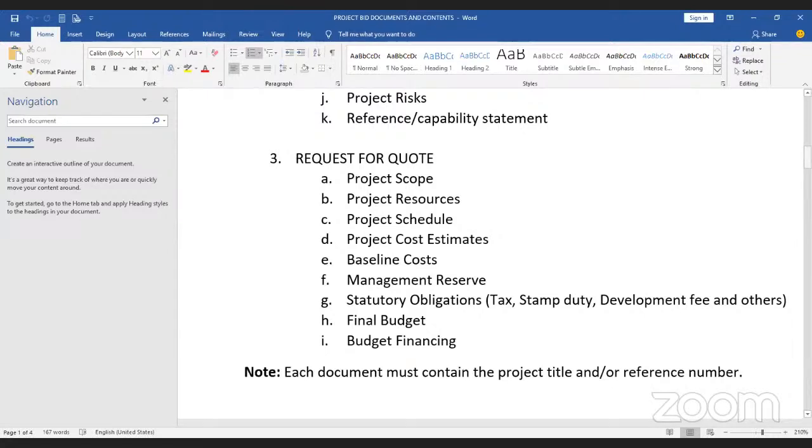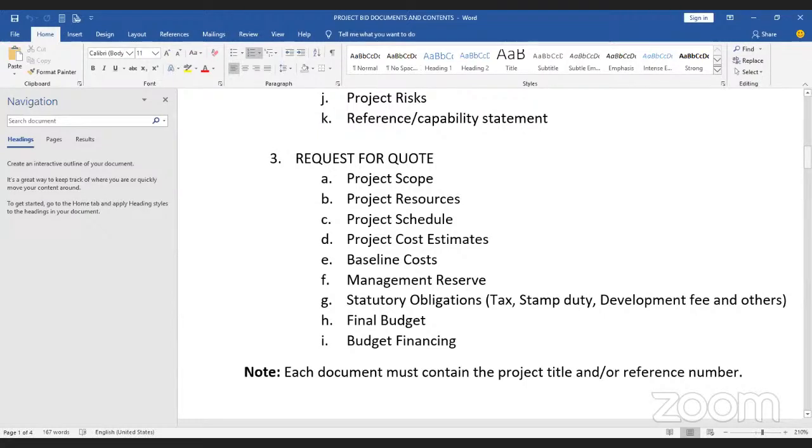So we normally say that the contract bidding process is divided into two. You have the technical bid and you have the financial bid. The technical bid comprises of your request for information and your proposal, while your financial bid comprises of your request for quote. Now, what does your request for quote deal with?